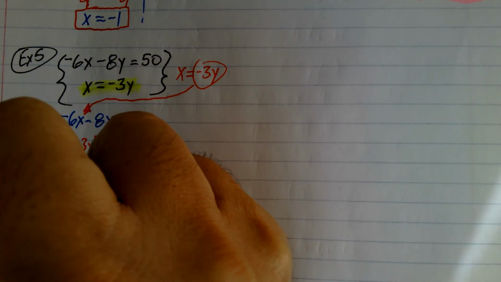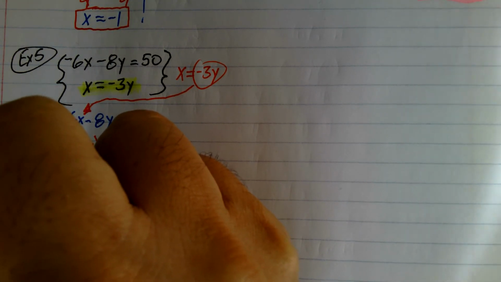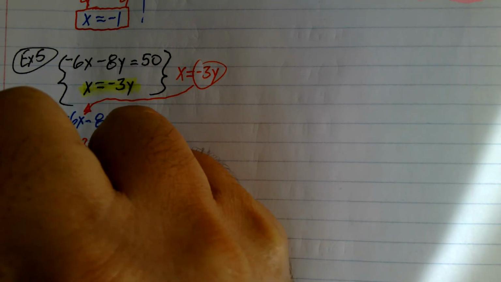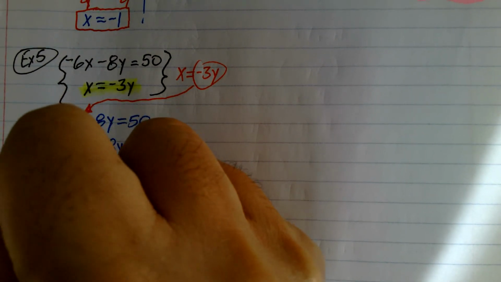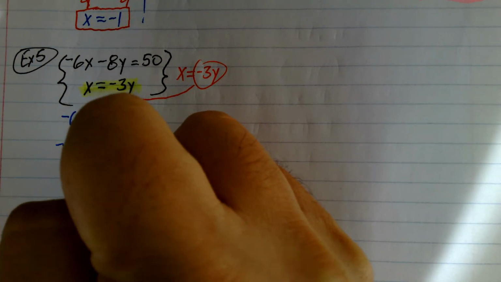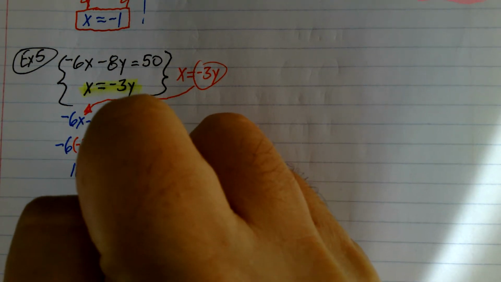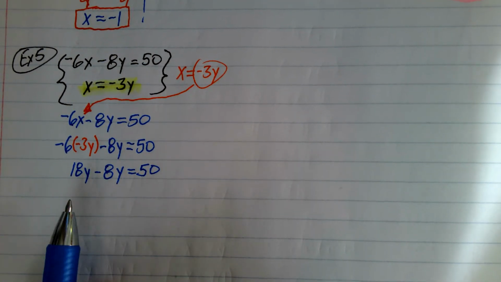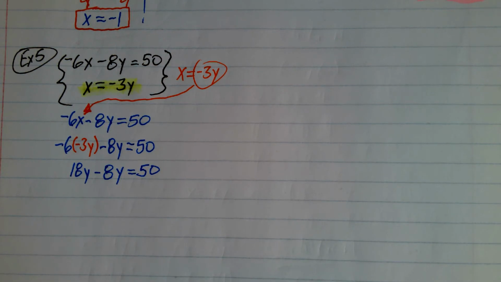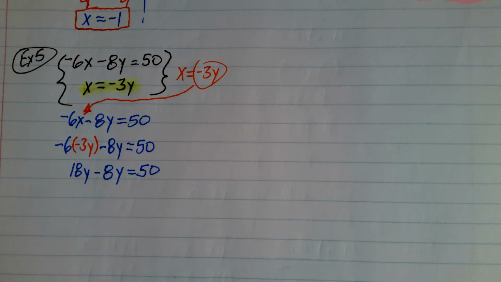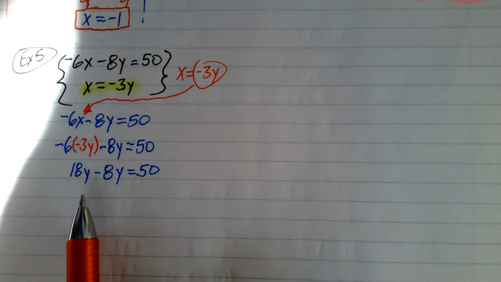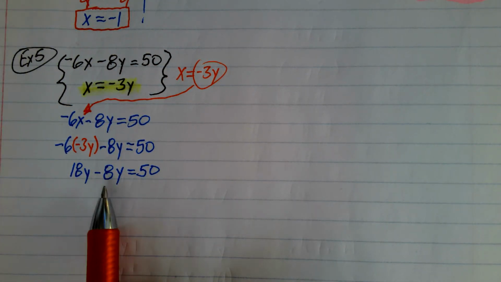So let's go ahead and multiply. Negative times negative is positive, so that would be positive 18y. So I got 18y minus 8y equals 50.